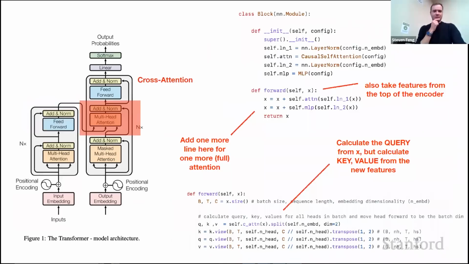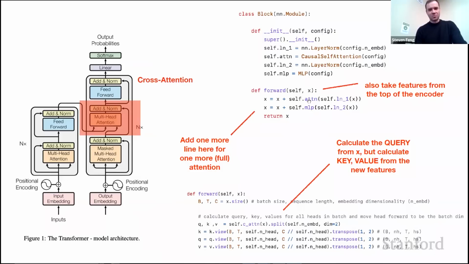And then if you want to implement cross attention, so you have a full encoder-decoder transformer, not just a decoder-only transformer or GPT, then we need to also add cross attention in the middle. So here there's a self attention piece, a cross attention piece, and this MLP. And in the cross attention, we need to take the features from the top of the encoder. We need to add one more line here.